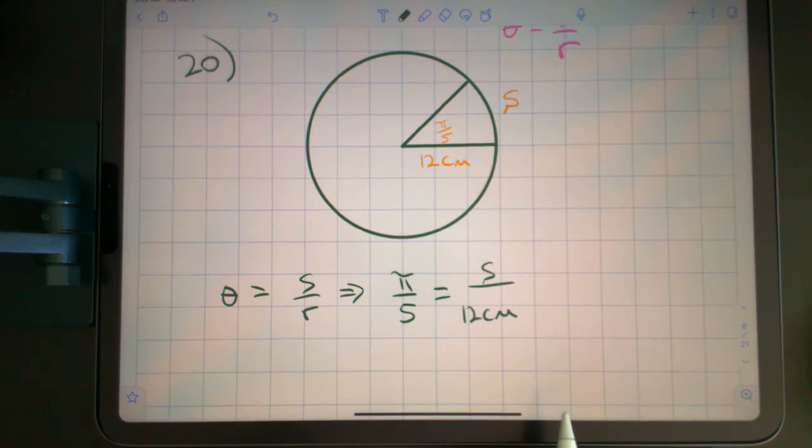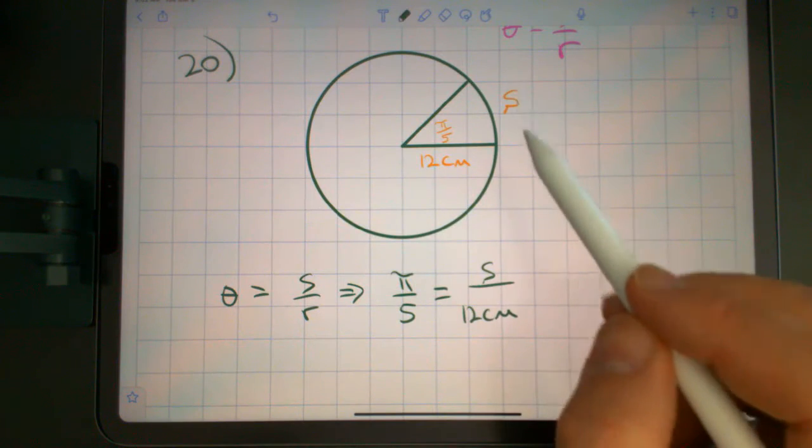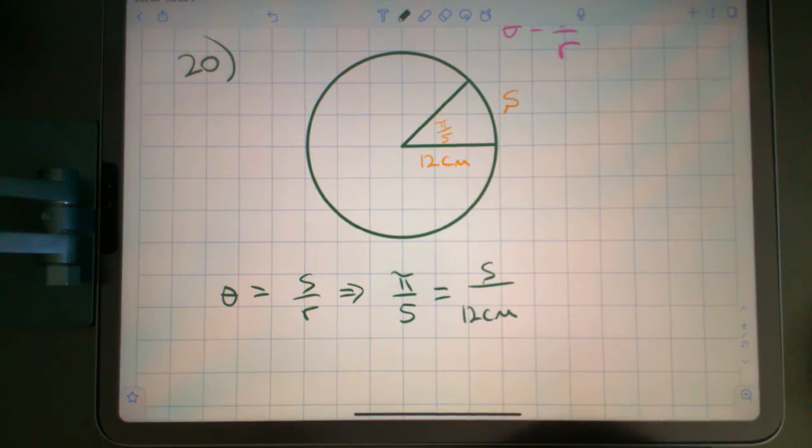Including your proper units, make sure that your proper units will be in your final answer.